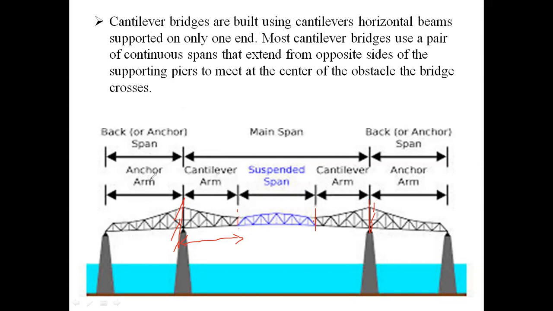This is called the anchor arm. And this center portion is called the suspended span. Why? Because this span will have only a simple support. That's why it is called the suspended span. This is called the cantilever span. Understand? This is called a cantilever bridge.